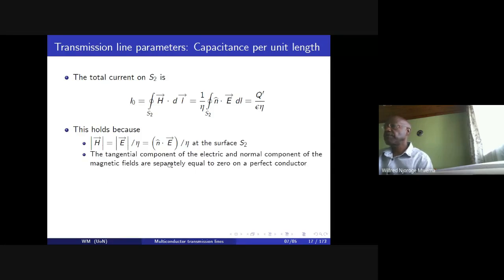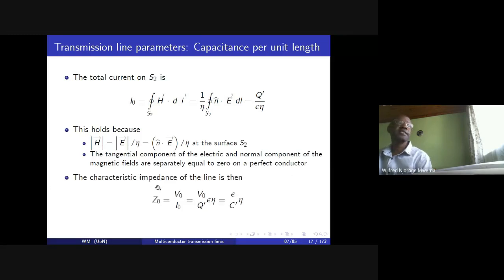The tangential component of the electric field and the normal component of the magnetic field are separately equal to 0 on the perfect conductor. So the characteristic impedance of the line will be given by V0 divided by I0, which is V0 over Q prime over epsilon eta, which is epsilon divided by C prime multiplied by eta.